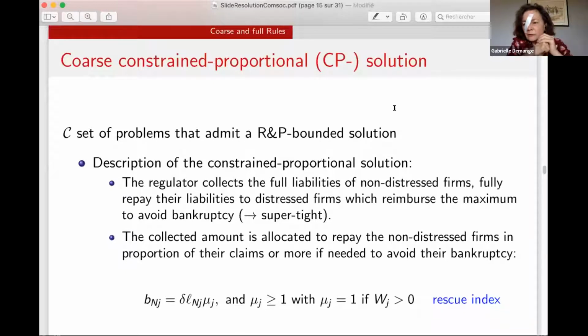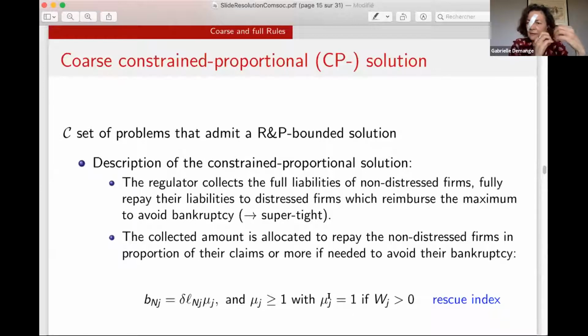And what I call constrained proportional is basically that the regulator distributes in proportion of the liability, except if this would make one bankrupt. So basically, you have a proportion delta of the liability, but sometimes J receives more than this proportion delta because otherwise it would be bankrupt.